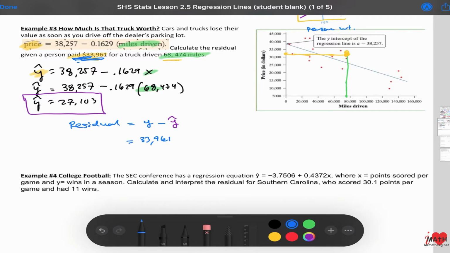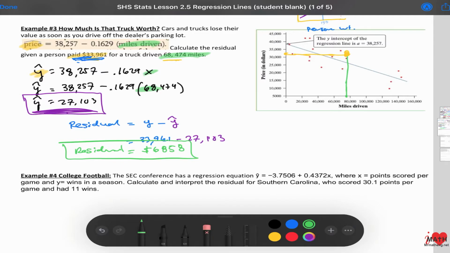Then what was their predicted? Their predicted was $27,103. So their residual is $6,858. Okay, remember, is this positive or negative?